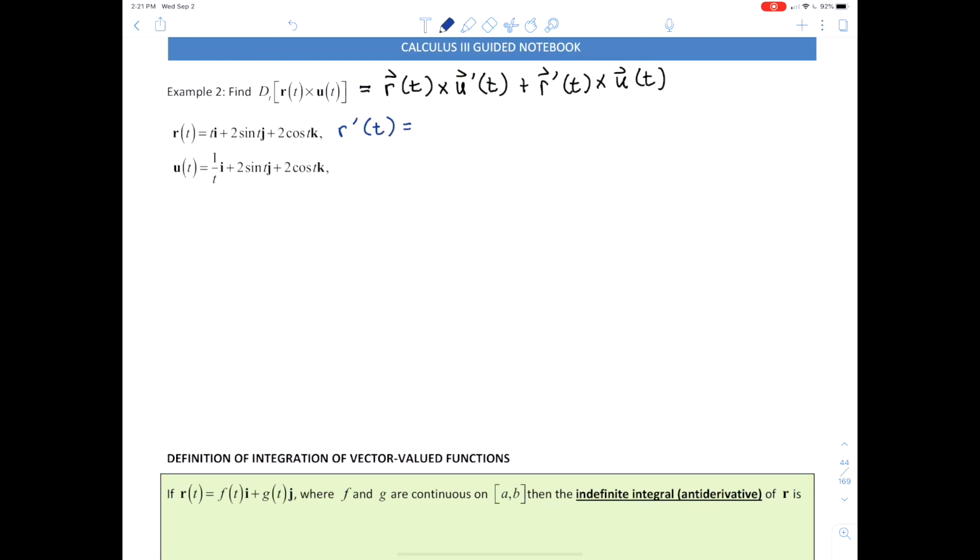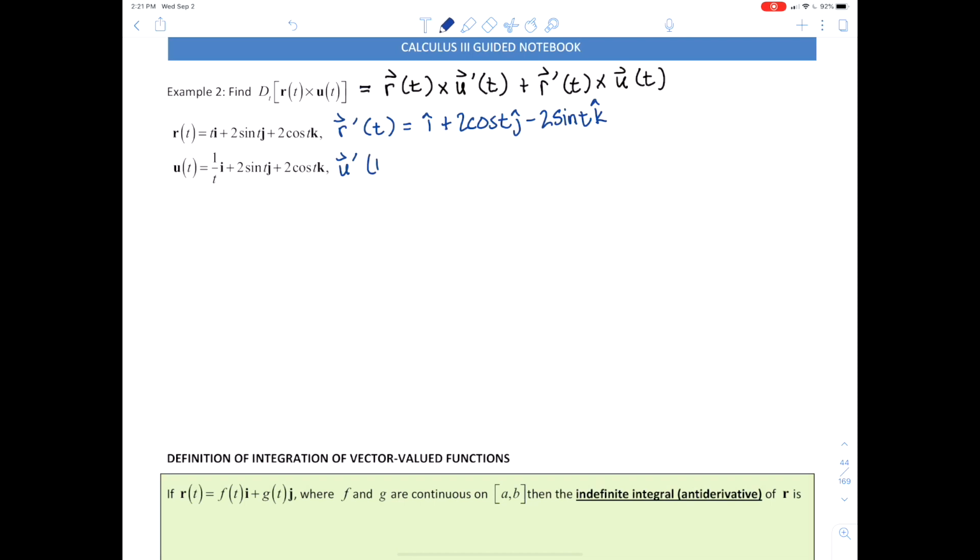Beautiful. 1 i plus 2 cosine t at j minus 2 sine t at k. Good so far?